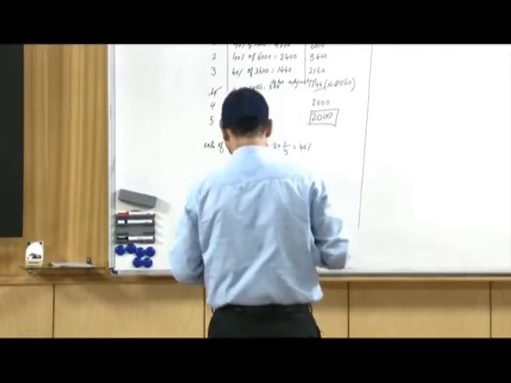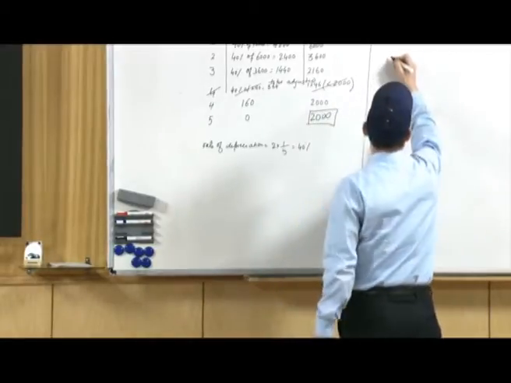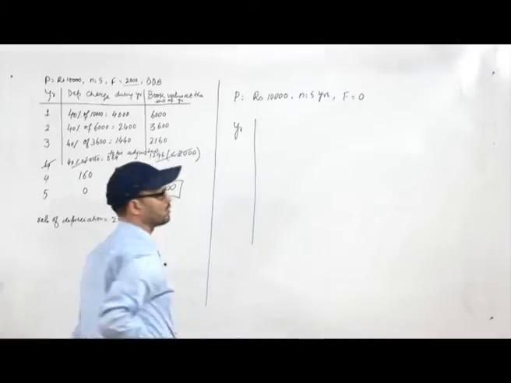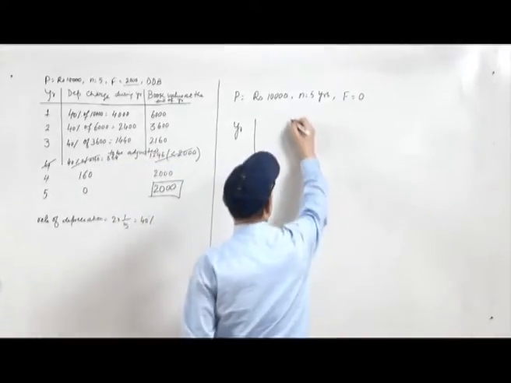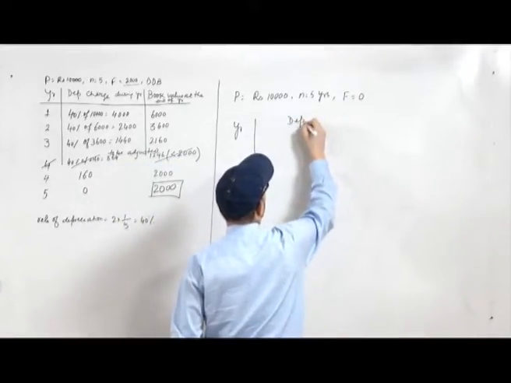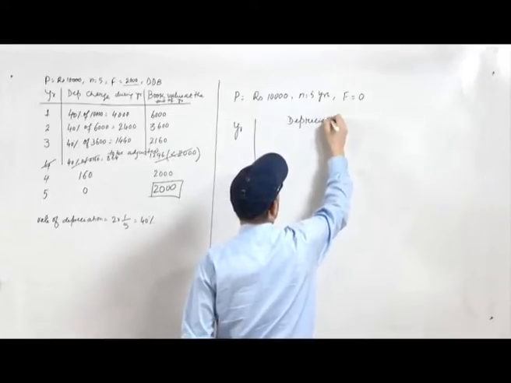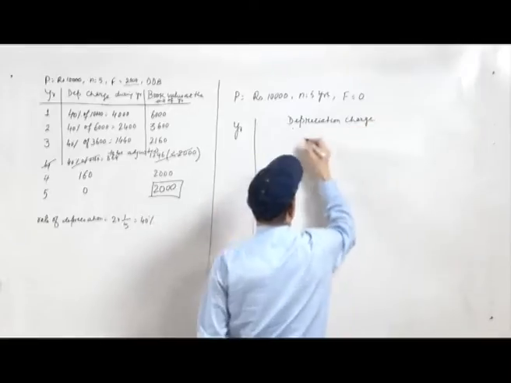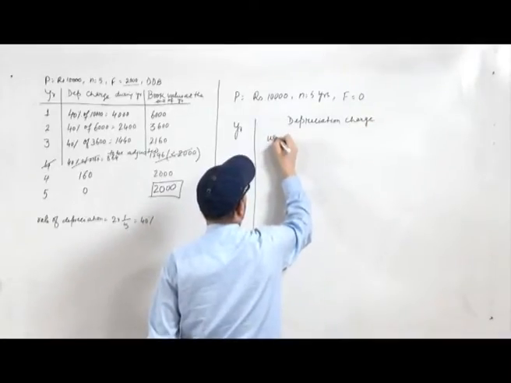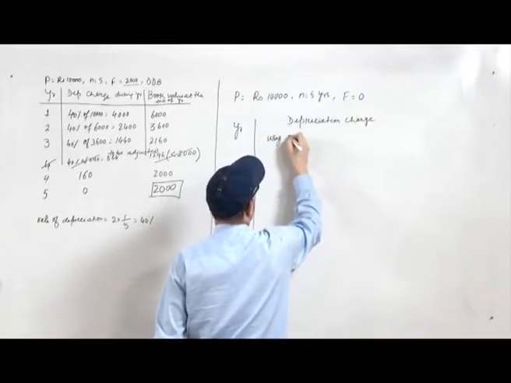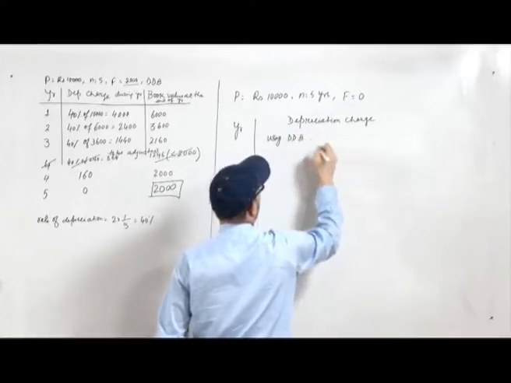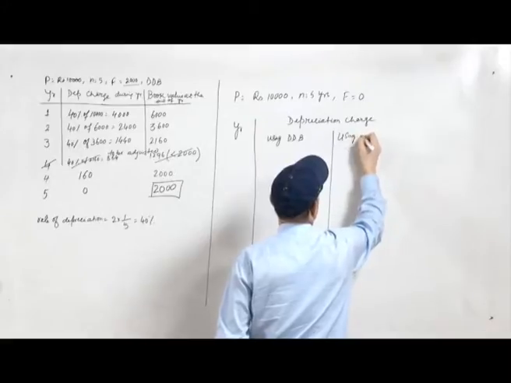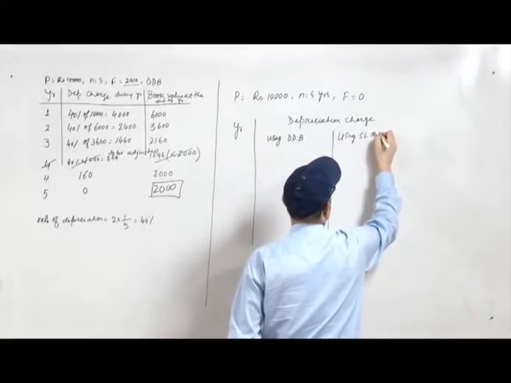How to switch? Let us see. You have the year, and you calculate the depreciation charge using the double declining balance method and using the straight line method.